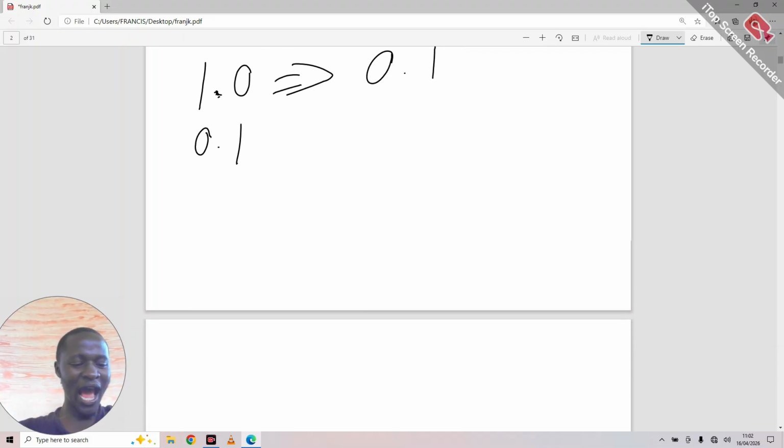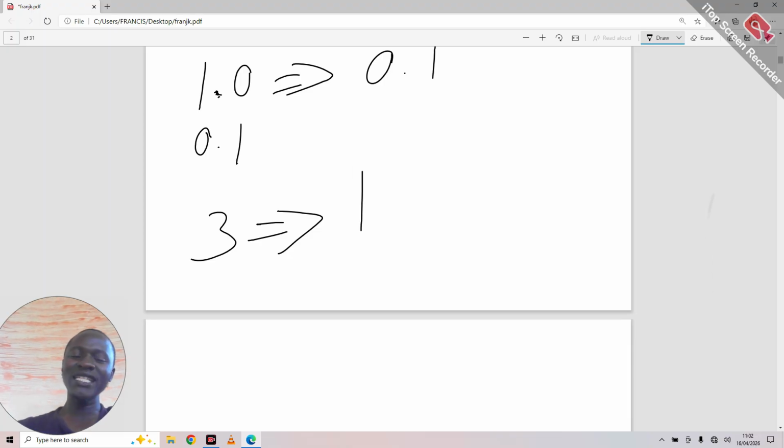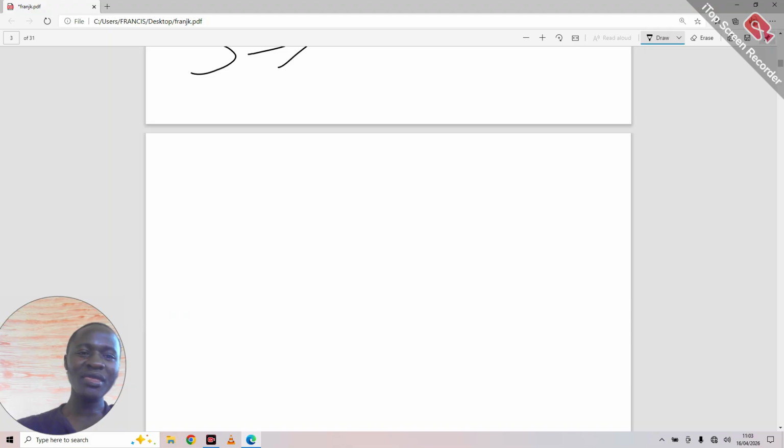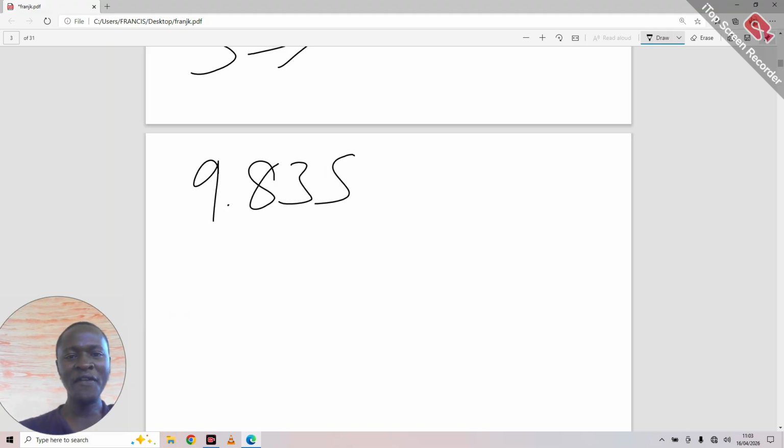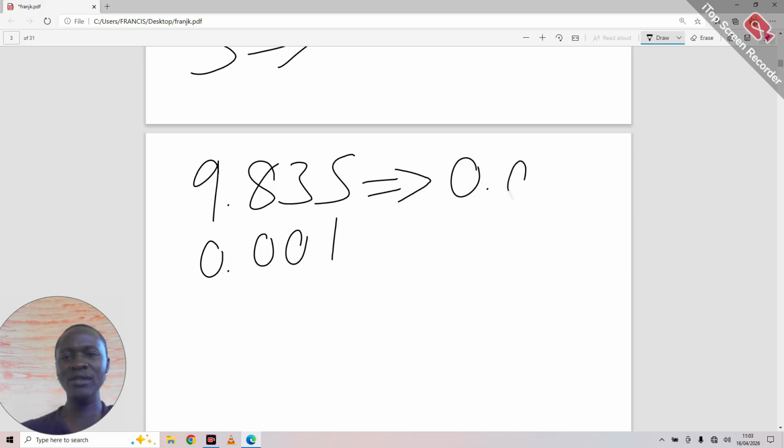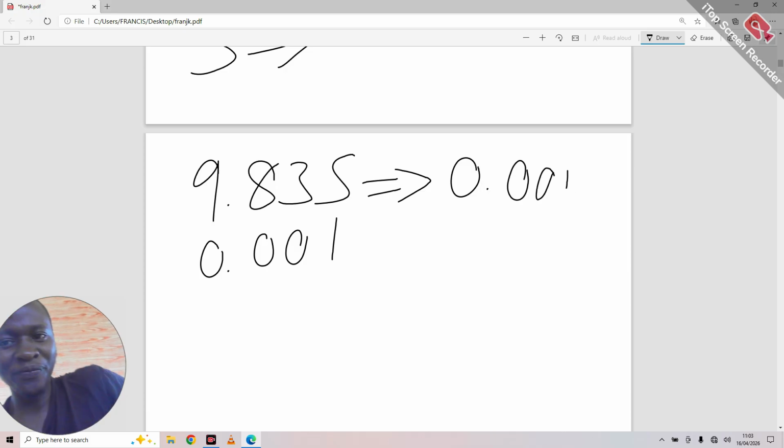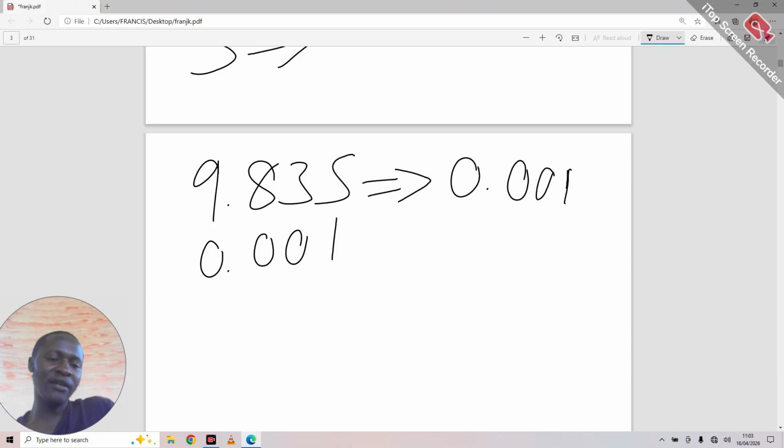What is the accuracy in 3? It is 1. What is the accuracy in 9.835? The accuracy is 0.001. That is the accuracy in a given number.